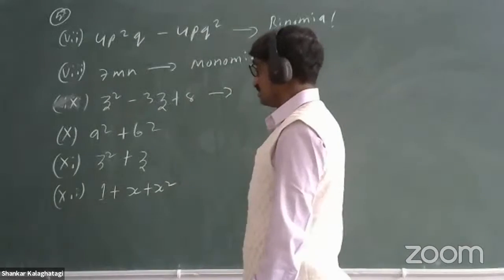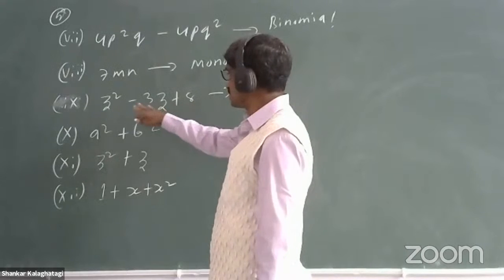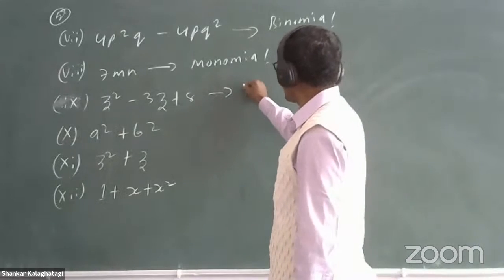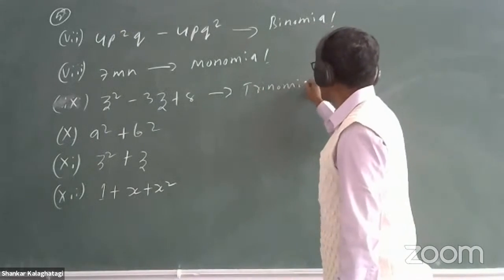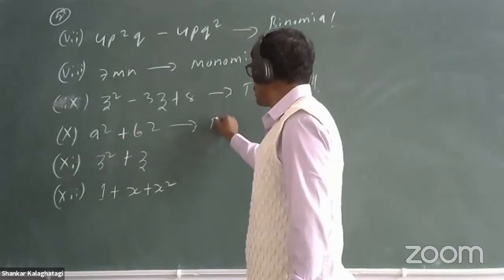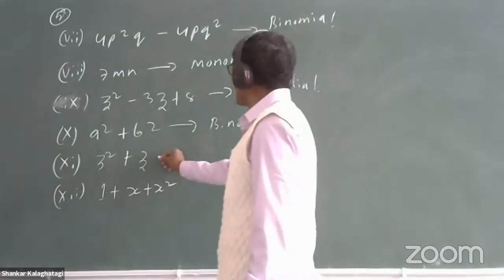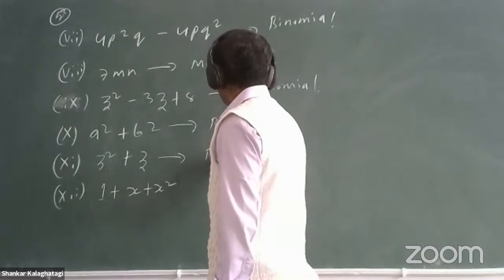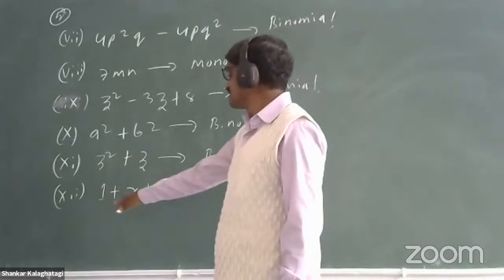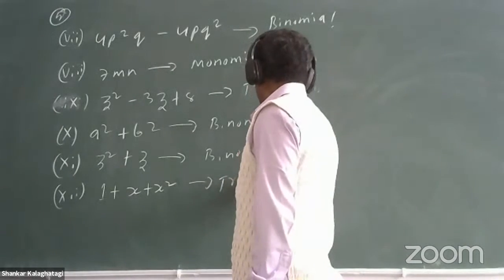This has 3 terms, 1, 2, 3. These terms are separated by minus or plus signs only. So 3 terms are there, trinomial. And this one has only 2 terms, binomial. This again has 2 terms, binomial. And this one has 3 terms, 1, 2, 3, so trinomial.